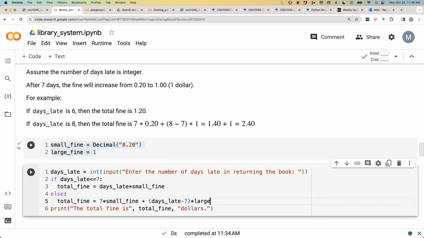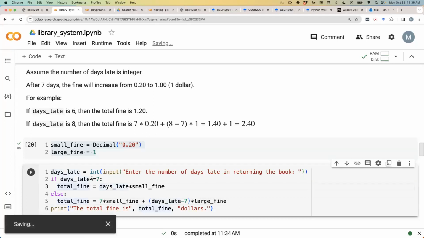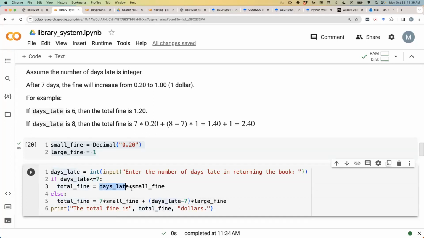times large fine. So if it's less than or equal to 7, you will just do days late times small fine. Otherwise, if your number of days late is more than 7, for the first 7 days, each day you incur small fine. The remaining days, you will incur a large fine. So the remaining days will be days late minus 7, and each day you incur large fine.